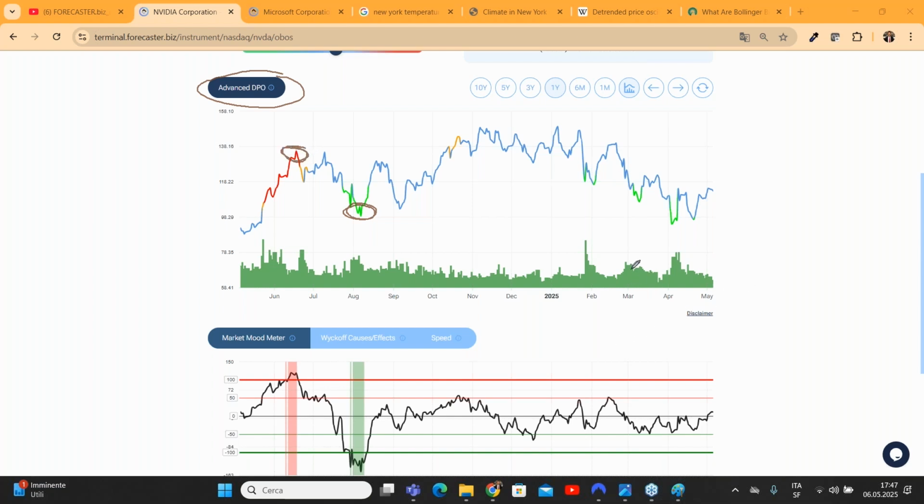Okay, so in this case, we have this first indicator that tells us if, statistically speaking, prices are too high or too low.